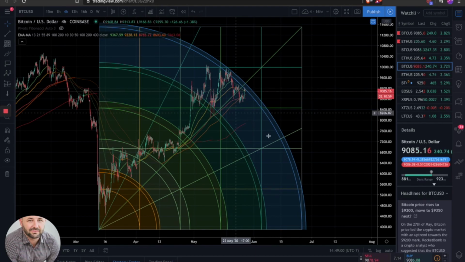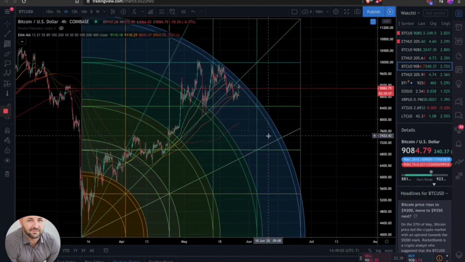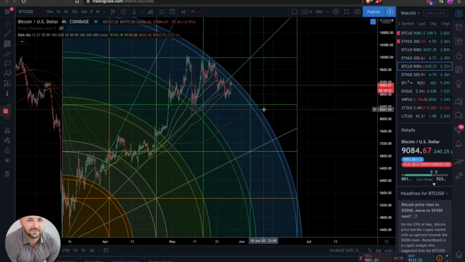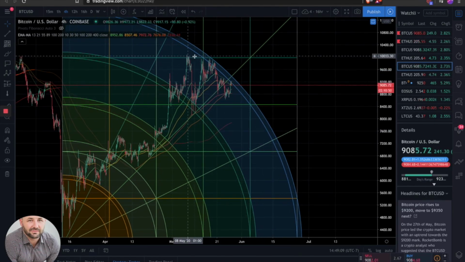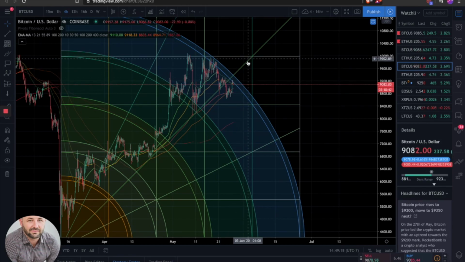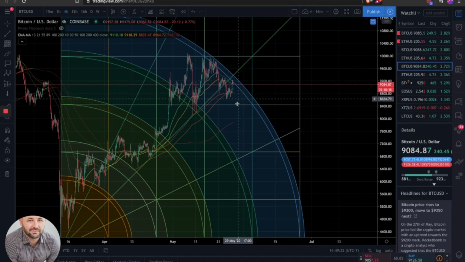We did lose it right here on the 4-hour, but it has been playing true pretty well, even from these resistance standpoints on some of these outer ranks. So it'll be interesting to see, again, if we do break these, then it does open it up for a little bit more clear skies according to the GANN analysis and the GANN chart.